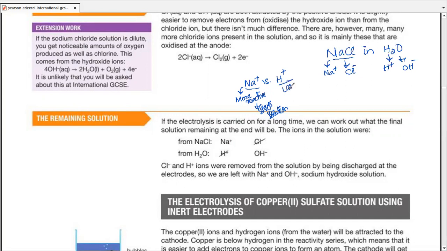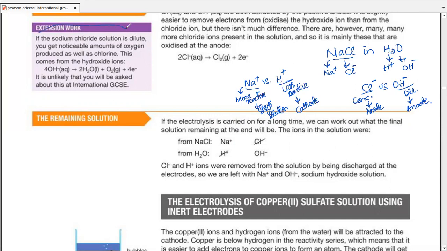So this one is less reactive, so this one really goes to cathode. In case of chloride ions versus hydroxide ions, in case of concentrated solution, this goes to anode. In case of dilute solution, this goes to anode.